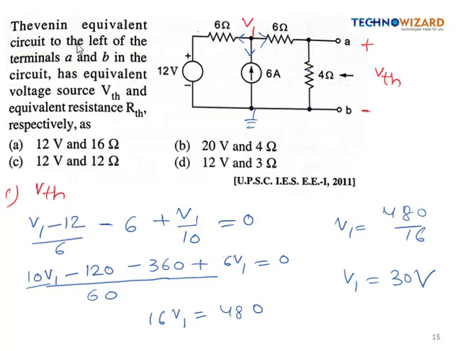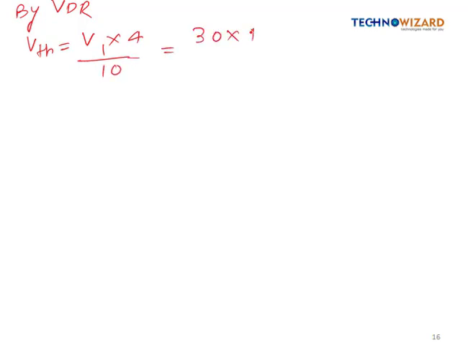So VTH is the voltage across 4 ohm, so we can find out the value of VTH by the voltage division rule, right? So VTH is equal to V1 into 4 by 10, because VTH is the voltage across 4 ohm, so 30 volt into 4 by 10. So VTH value is coming as 12 volt.